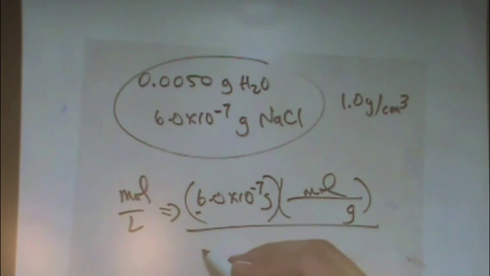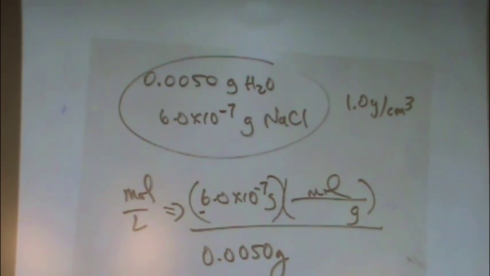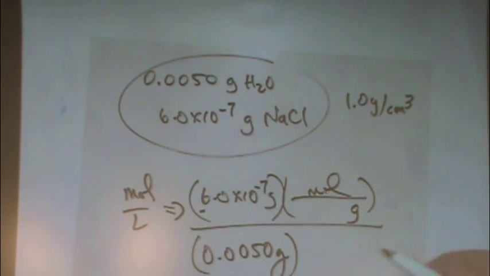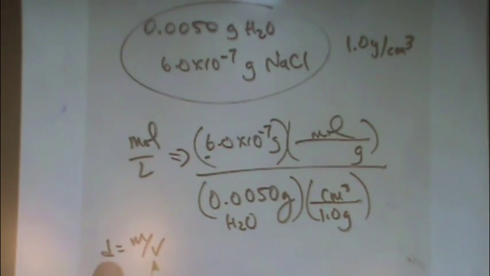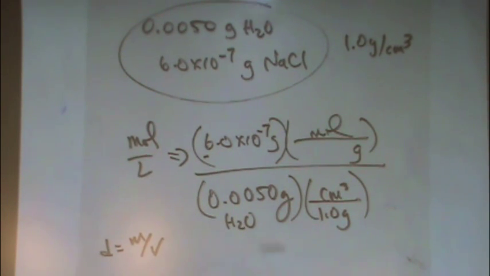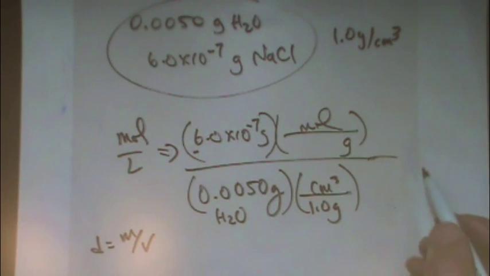Well, right now I only have grams. Okay? But I can convert this to a volume unit using the density. If I write it like this, density is mass over volume. So I have mass and density, I'm rearranging to get volume. Is that okay? Yeah. But I don't want centimeters cubed for molarity.